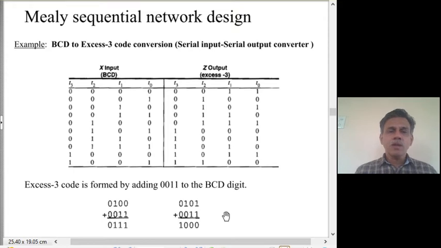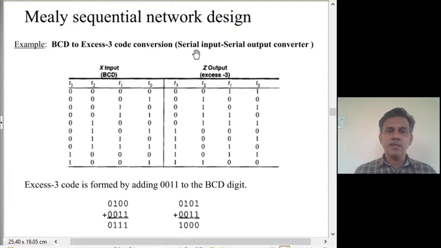But now we will go in for a different design, wherein we need a circuit that has a serial in, serial out interface to the external world. That is, it will take only 1 bit at a time, serially, inside the circuit, and it will give out only 1 bit.